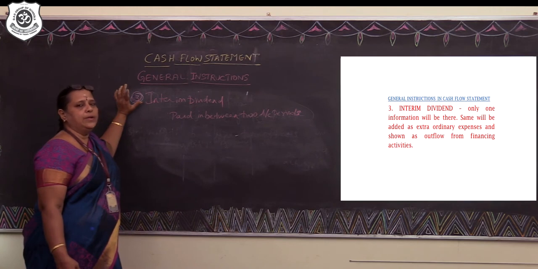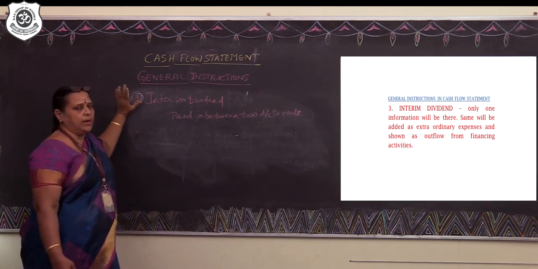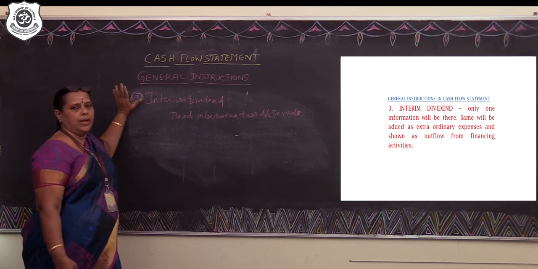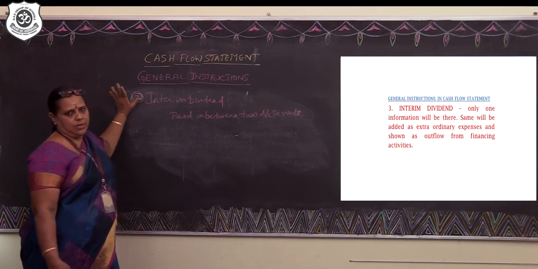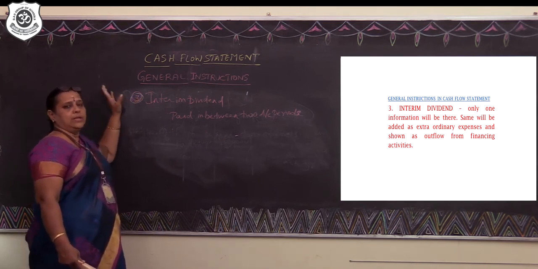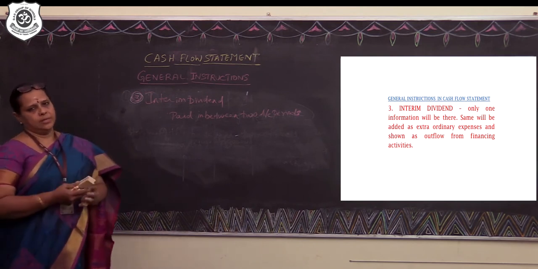So, interim dividend will always be only one amount. There will be no two amounts at all. There will be only one amount. So, that same amount will be added as an extraordinary item and shown as an outflow from financing activities.